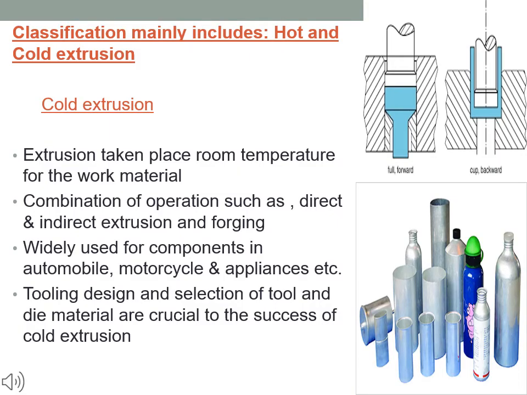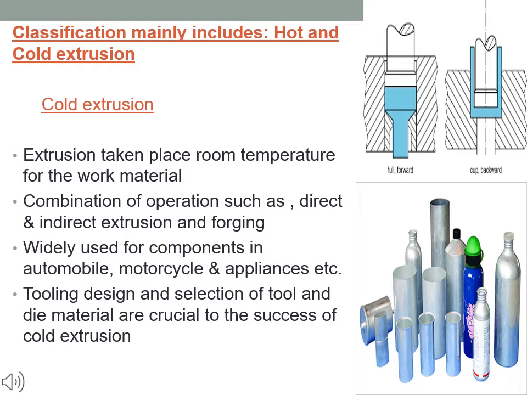Extrusion at room temperature or at a temperature lower than the recrystallization temperature of the work material is known as cold extrusion. It was developed in the 1940s. Cold extrusion is a general term that denotes a combination of operations such as direct and indirect extrusion and forging. It is widely used for components in automobiles, motorcycles, bicycles, and appliances, and in transportation and farm equipment.